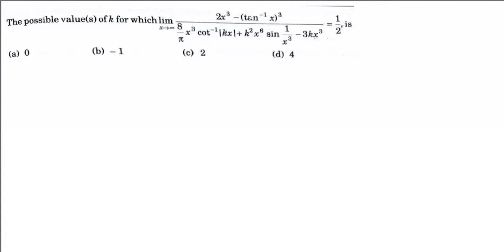Now the question is, find the possible value of k for which this limit is equal to 1 by 2. Now what we'll do is we'll divide everything by x cube.